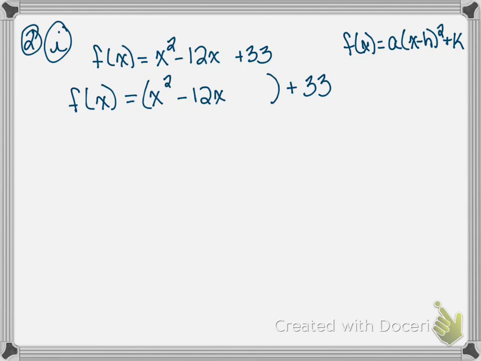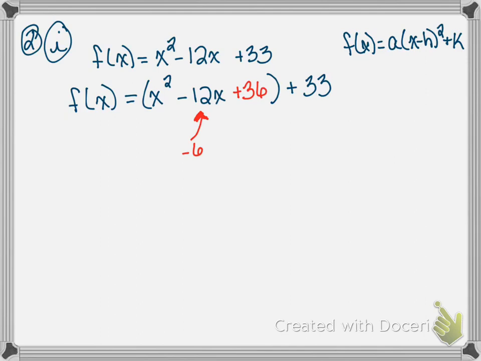So what we are going to do now is complete the square. We are going to take half of -12, which is negative 6. So I'm taking half of this value right here. That's negative 6, and I'm going to square negative 6. So I am adding 36 inside these parentheses.